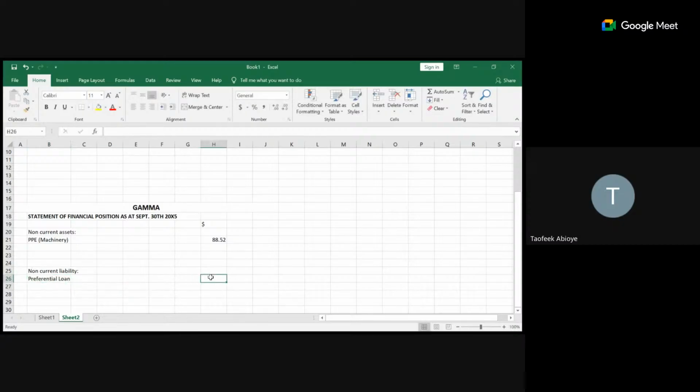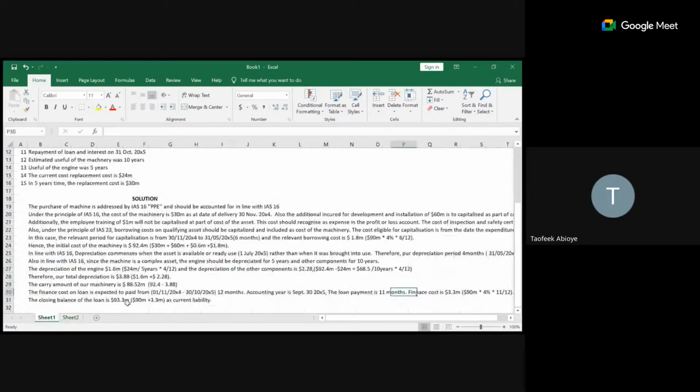And when we calculated it, it was 93.3, right? I think it was 93.3. This is it. The last one we calculated, the closing balance of the loan. And it's not a current liability. It's a non-current liability.